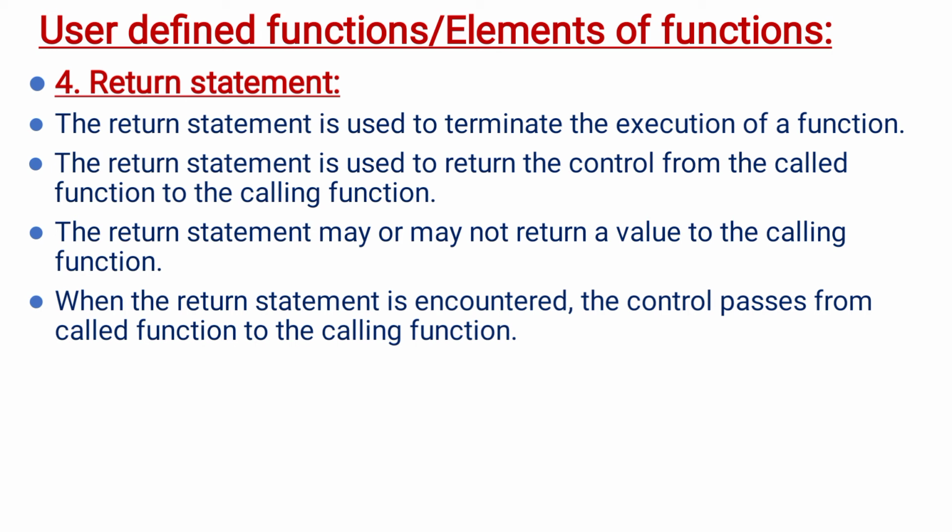After executing the function definition, at the end, the return statement is written. When the compiler encounters it, the control is transferred from the function definition to the function call, that is, from the called function to the calling function. Here is the syntax to write a return statement: return expression.